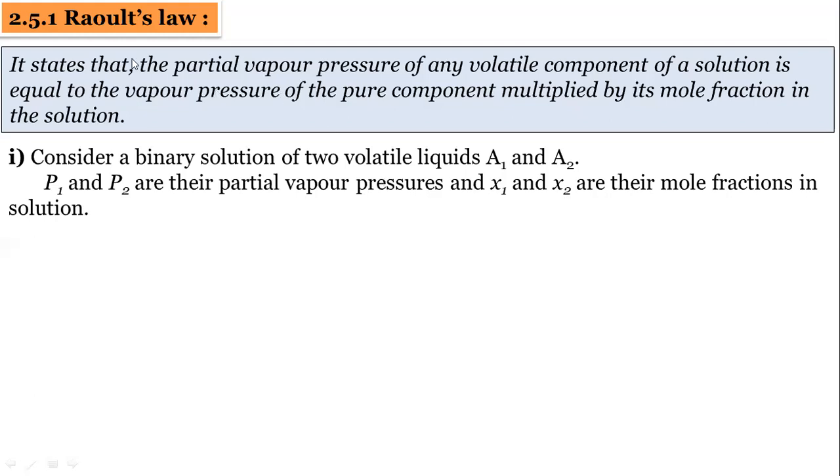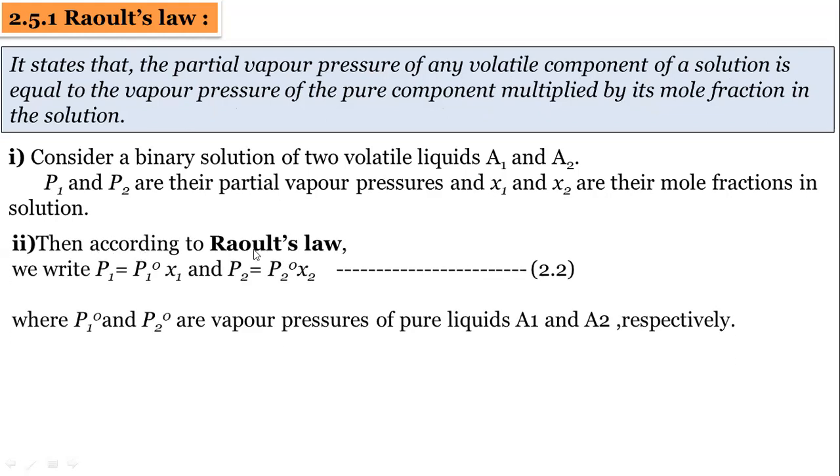Now, according to this Raoult's law, again I am coming to it. Raoult's law states that the partial vapor pressure of any volatile component of a solution is equal to the vapor pressure of the pure component multiplied by its mole fraction.